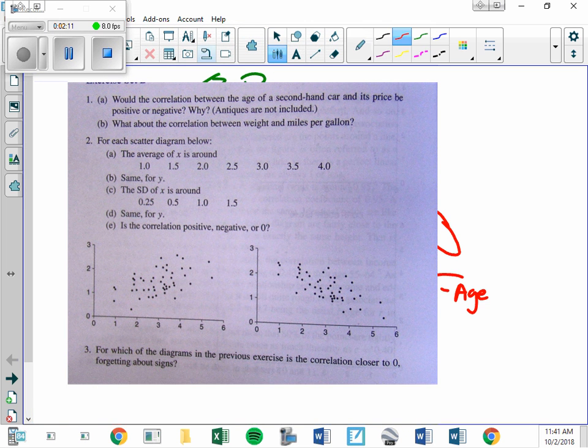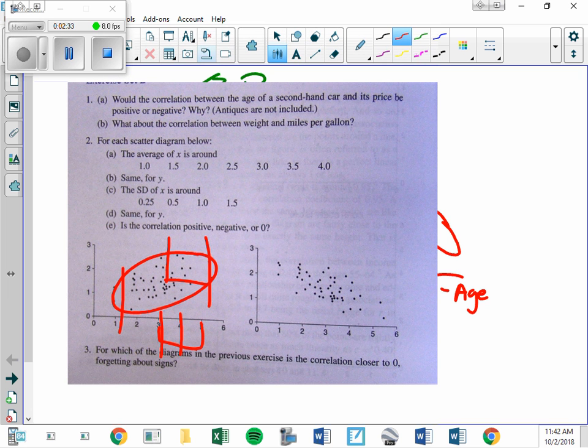So, to find the SD, you draw your football, and then you just kind of cut the tips of the football off. And then that length there is 2 SDs. So that goes from about 3 to 5, so the SD would be 1. Does that make sense?